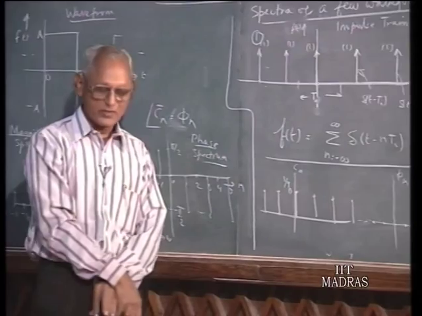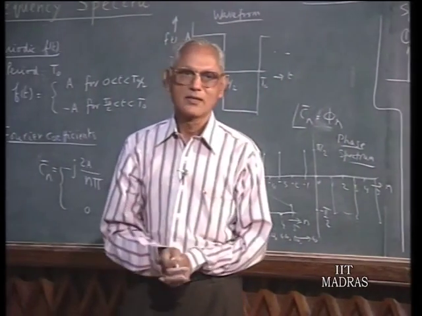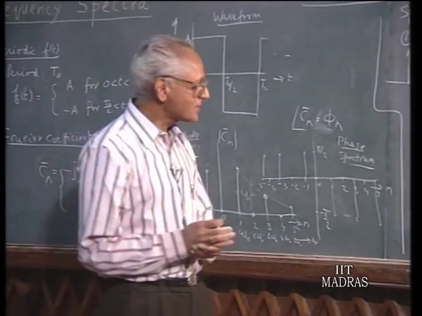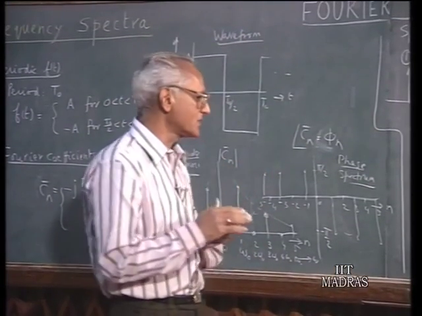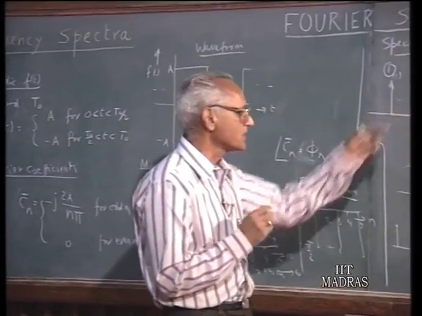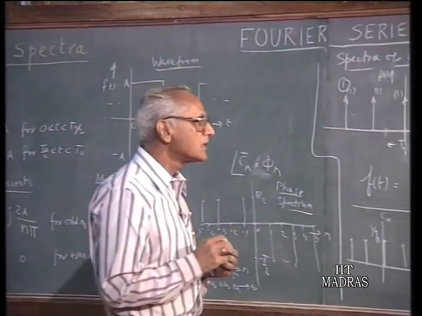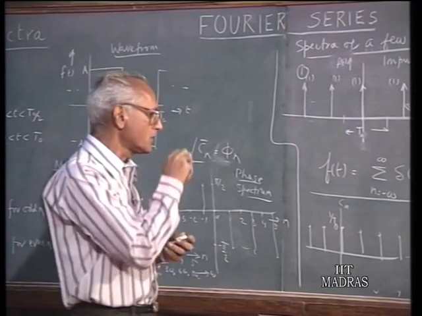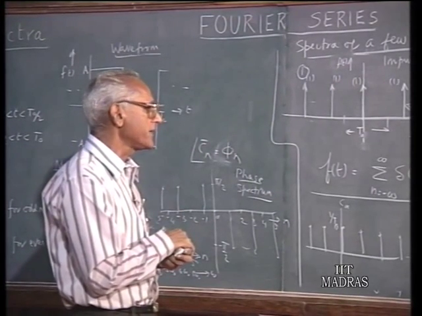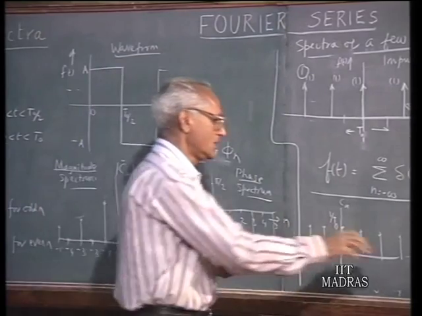That means all frequencies; we can say a train of impulses is, so to say, impartial to the order of the harmonic. All harmonics of equal strength go together to compose this impulse train. This is quite an important fact. This particular property occurs again and again in our future discussions.